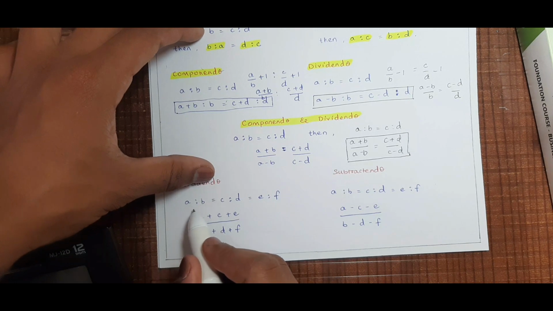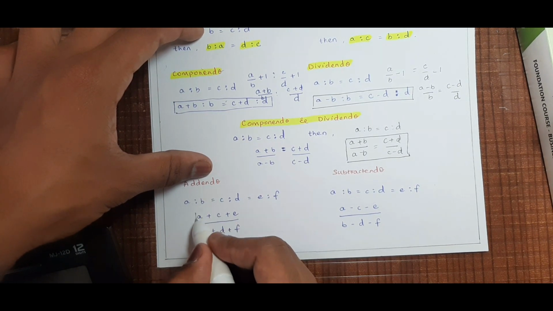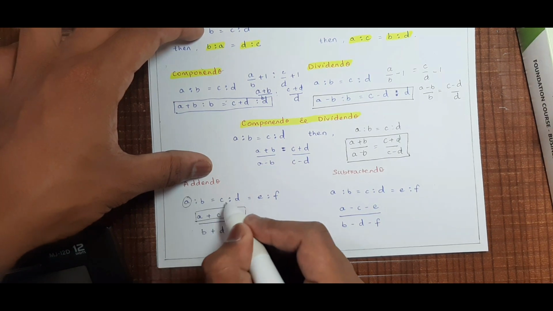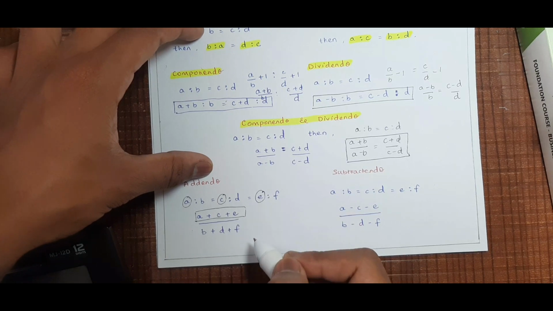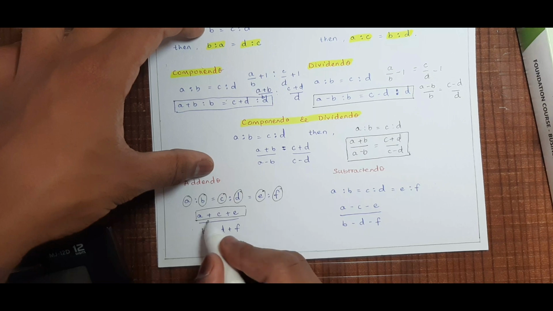Addendo, it is very simple. A is to B equals C is to D equals E is to F. Here we add all of these, we add B, D, F. So these are numerators and these are denominators.